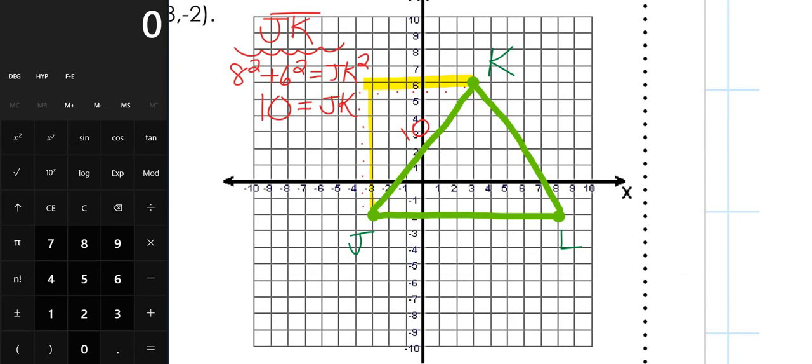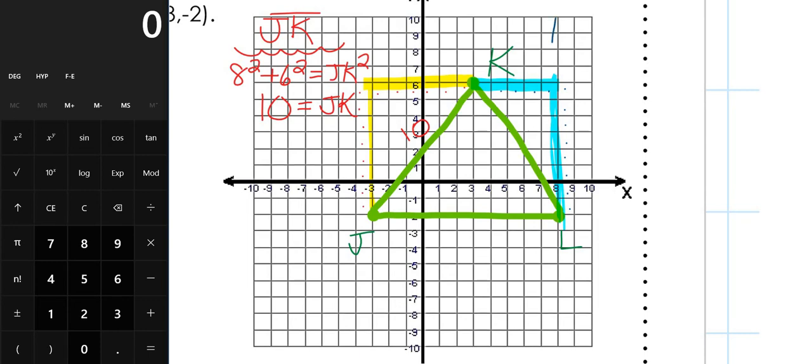Let's go on to KL. So KL, same thing. I'm going to create a little right triangle, and I'm going to count the sides of this right triangle. So I have 1, 2, 3, 4, 5, 6, 7, 8, and 1, 2, 3, 4, 5. So 8 and 5.